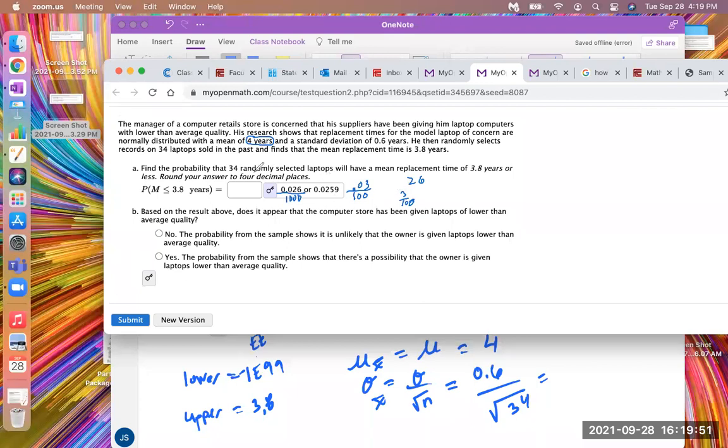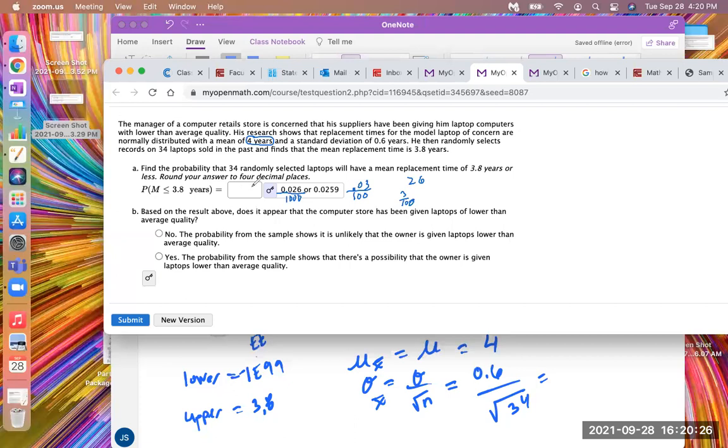This is a very unlikely result if the computers are on average lasting 4 years. Because it's an unlikely result, maybe it's evidence that this belief is wrong, and maybe the computers are not lasting 4 years.